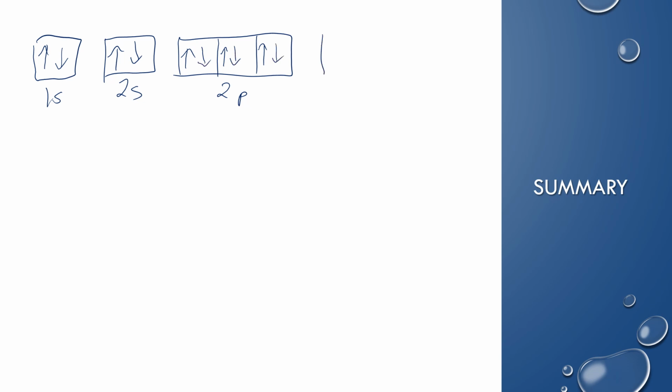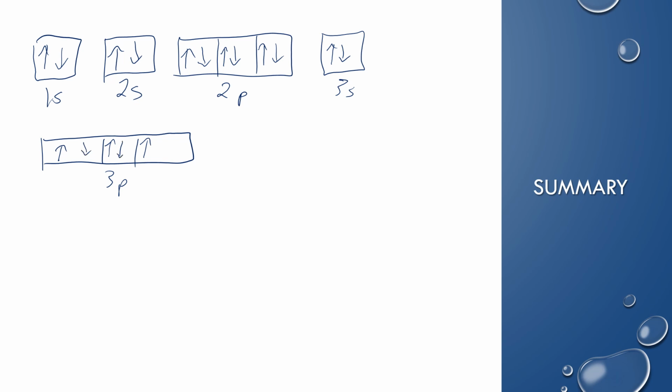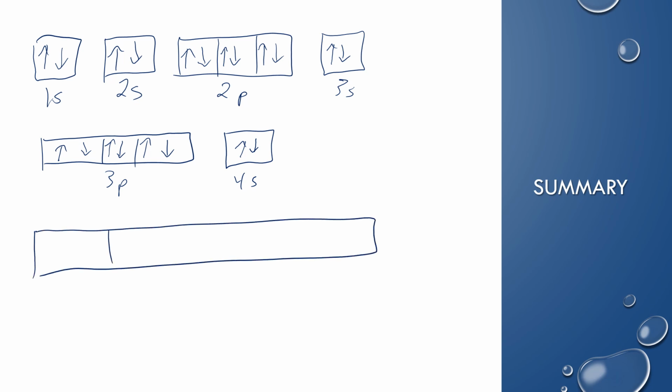After 2p comes 3s, and after 3s comes 3p. Again, 3 orbitals, 1 electron in each before you double up. After 3p comes 4s, 1 electron in of each spin, and after 4s comes 3d. These are really wide, but there's 3d.